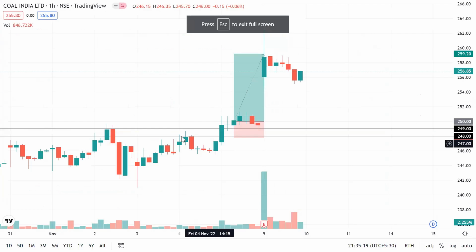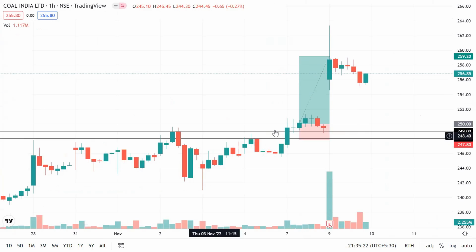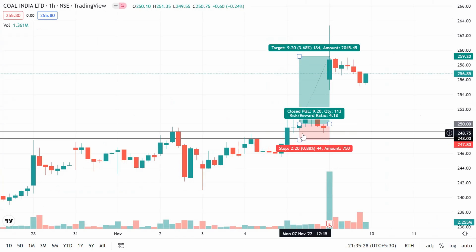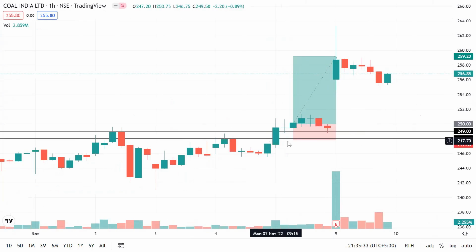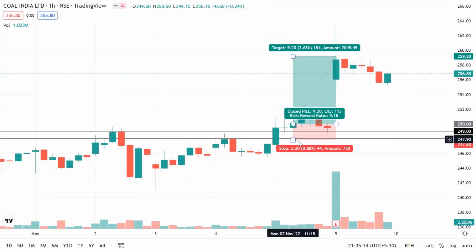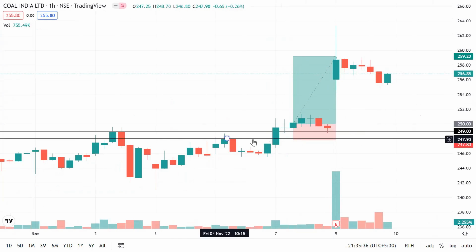As you can see, the stock was trying to go up from this level. So I thought this could be a good area, because maybe the stock can come down for a little bit of retesting and it may come up to this level. So I tried to cover this area too. So I put my stop loss below this trend line. So this is how I put my stop loss.